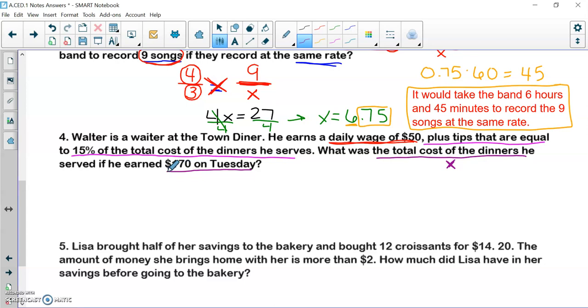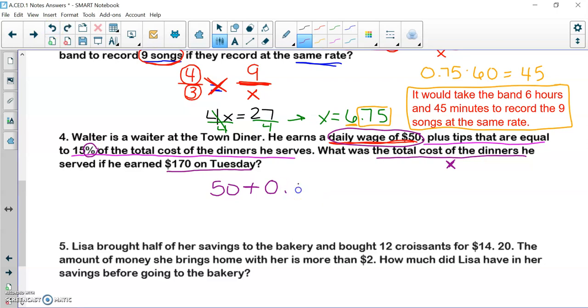Well, I'm just looking at one day here, and one day he gets a daily wage of $50, so that's a flat wage that he got for working on Tuesday. Plus, he earns 15% of the total cost of dinners he serves. 15% means out of 100, so 15 out of 100 is the same as 0.15X. So we want 15% times X, which is the total cost of dinners that he served.